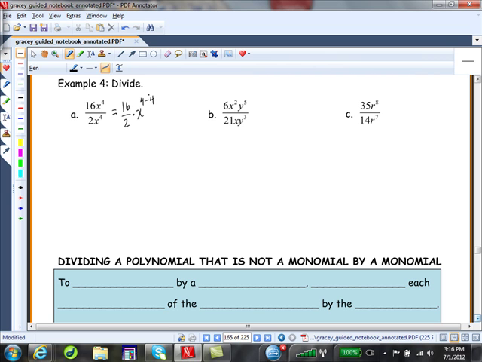And the first part we're just dividing. And notice that we can do this because we have a monomial over a monomial. So 16 divided by 2 is, good, 8. And then we get x to the 0. But x to the 0 is 1. So our end result is 8.